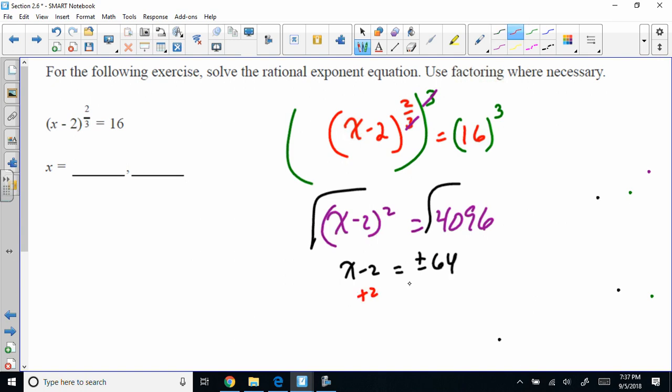So if I add 2, x equals 2 plus or minus 64, right? So 2 plus 64 is what? 66 and negative 62. Y'all agree? Yeah?